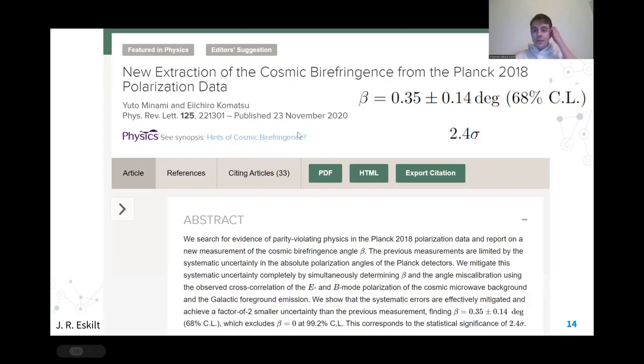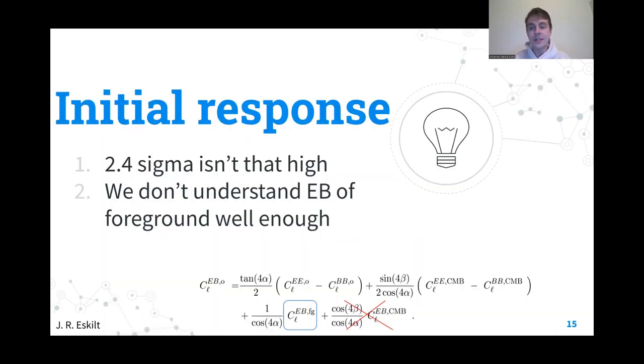So yes, I remember 7 weeks into my PhD, this paper came out where Yuto Minami and Eiichiro Komatsu said that they had found a 2.4 sigma measurement of a non-zero cosmic birefringence angle in the Planck 2018 dataset. And I remember that was very exciting. A lot of people talked about that. The initial response was skepticism because 2.4 sigma isn't high enough to convince anyone, even though it is exciting.